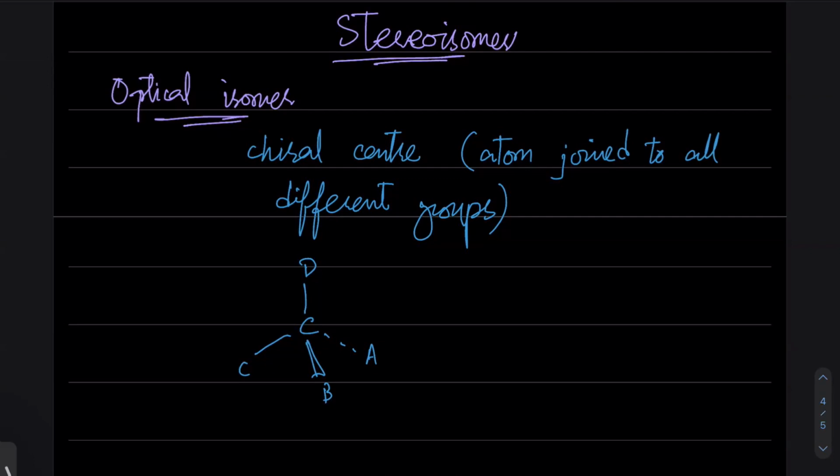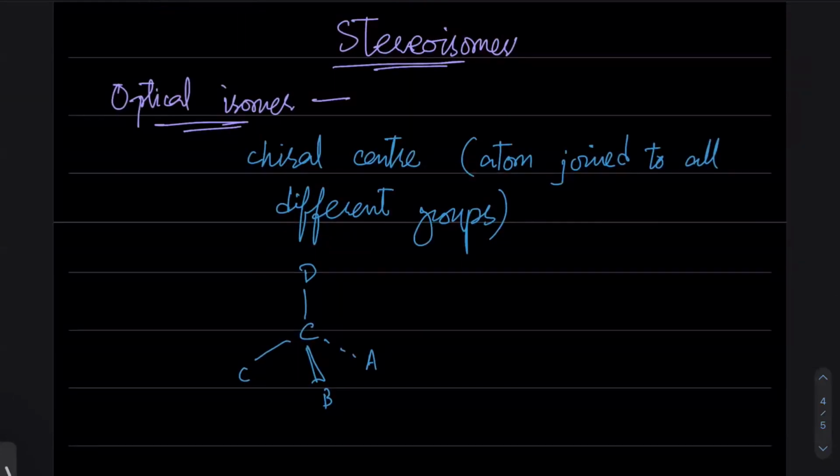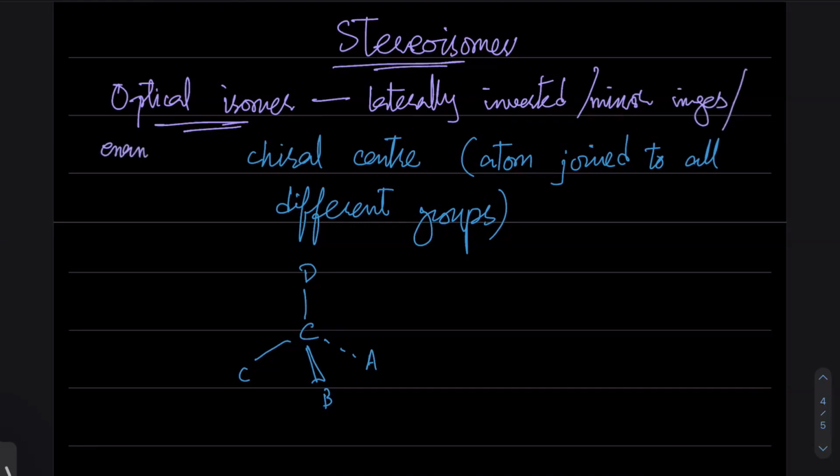They are mirror images of each other. Mirror images are laterally inverted. So optical isomers are laterally inverted or mirror images. Another word that we have for them is enantiomers of each other. They all mean the same thing, that they are mirror images of each other.